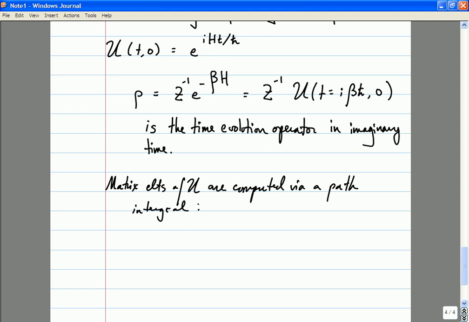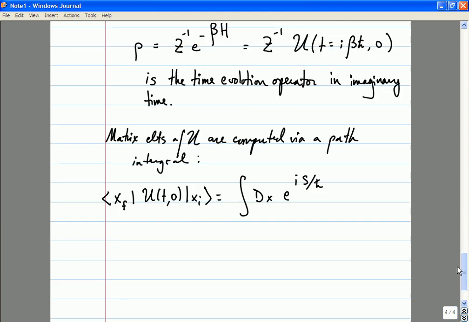So that if, for example, you're working in position space and you wish to calculate the amplitude for a particle to move from an initial position at time t equals 0 to a final position at time t, then you perform an integral over all possible paths that begin and end at the desired endpoints.